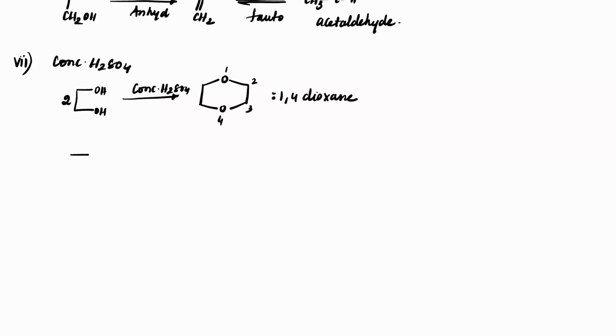Same thing if you are reacting n moles instead of 2 moles. If I take n moles and react with concentrated H3PO4 and heat, H2SO4 and heat gives this, H3PO4 and heat gives a polymer form like this. Here you will get an oxygen extension like this, n moles of extension.